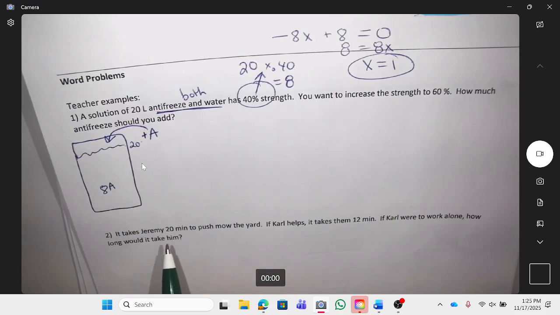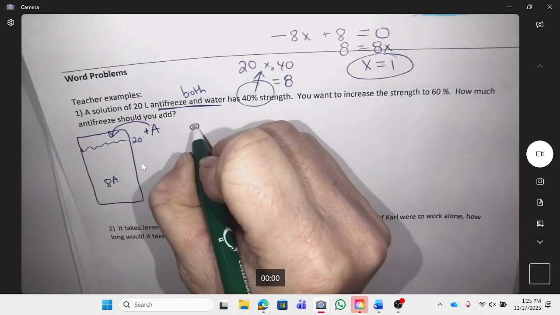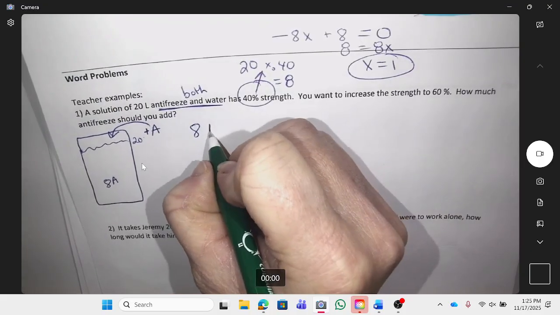Now, when you have a test, how do you determine your percent? What do you do in a test? How would you say, oh, I got this on the test? You would take how much you scored out of total. Okay, so here we go. We started with 8 antifreeze liters, right? And then we did what?